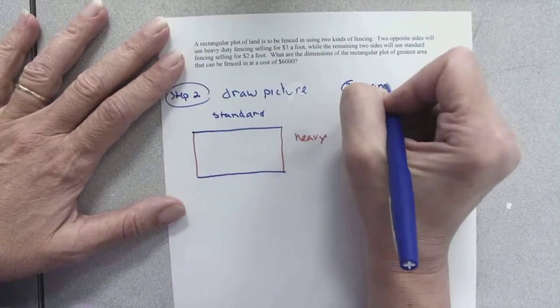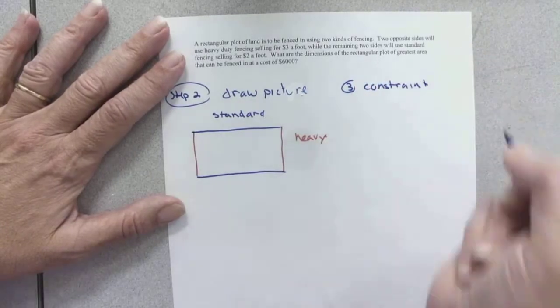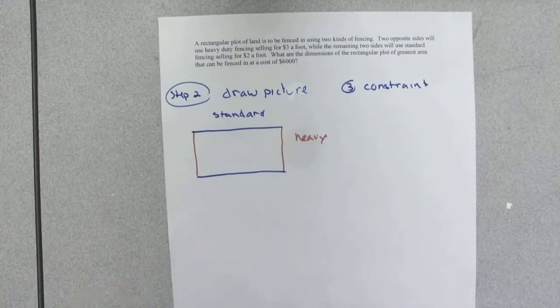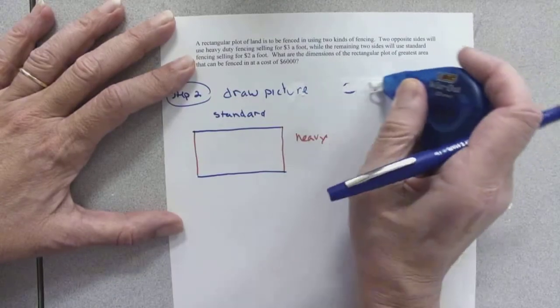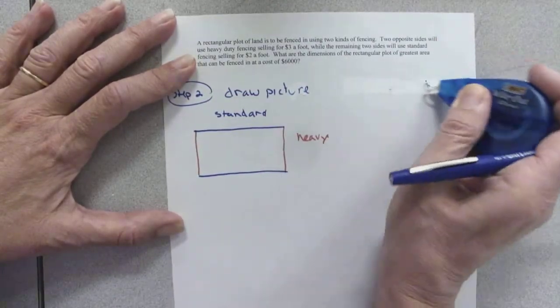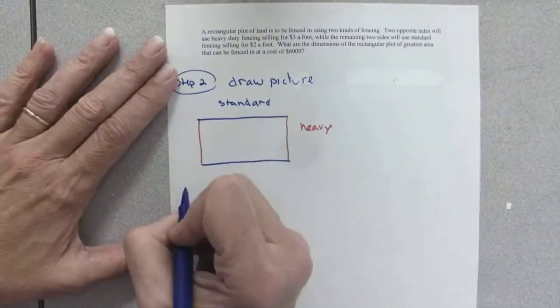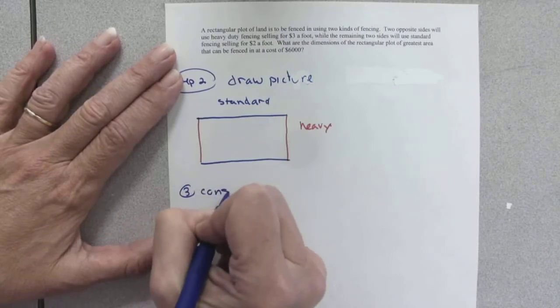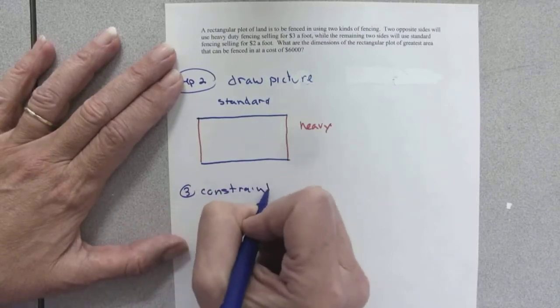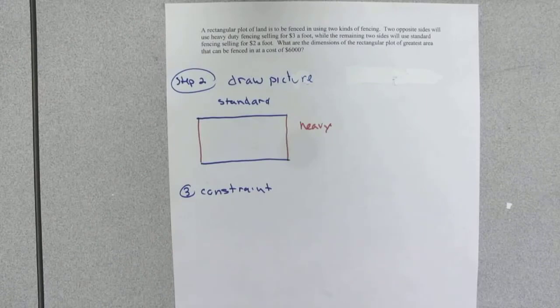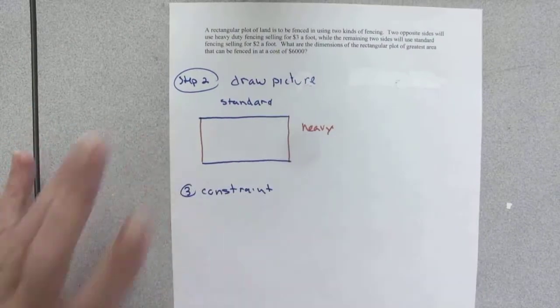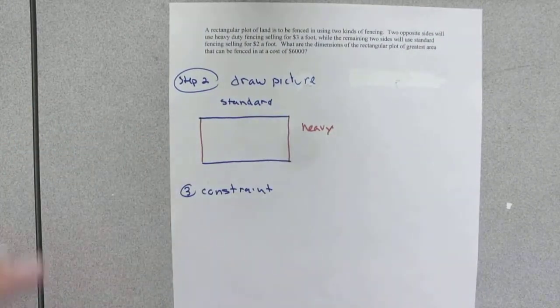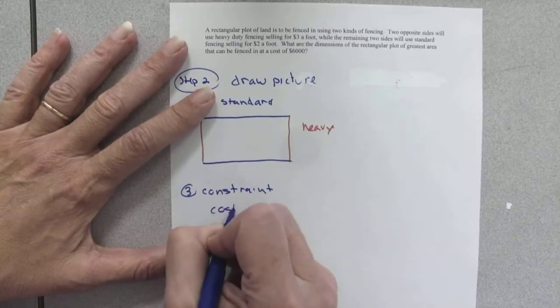Step 3, the constraint. I'm going to give myself more room on the constraint, so we'll do the constraint down here. When I read it, the constraint's at the very end, that the cost should be $6,000.